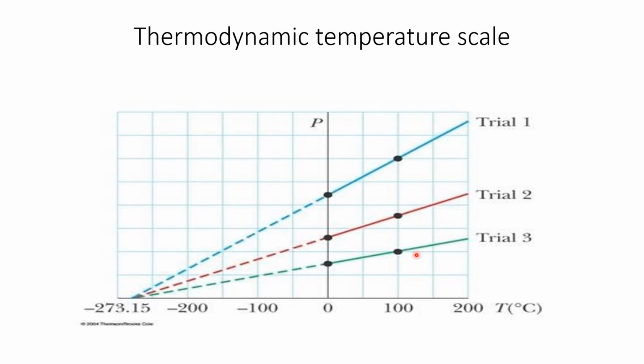You can see here, we can take any one trial. When we decrease the temperature of the gas, that is when we start cooling the gas, its pressure goes on decreasing. This is the pressure, and this is trial 1. I can start from here or from here.